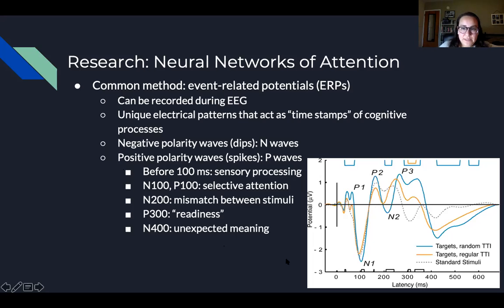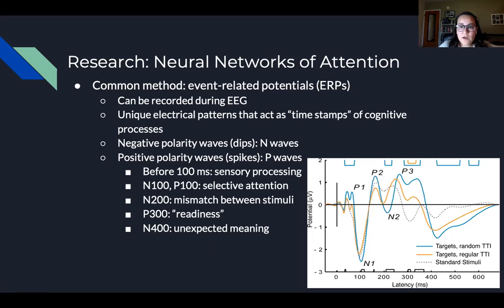At the very beginning of this measurement, right here where we don't have any dips or spikes, but we do have a little bit of activity, this color before this black vertical line, this period of time is about 100 milliseconds. So it's really quick. This part is associated with sensory processing.